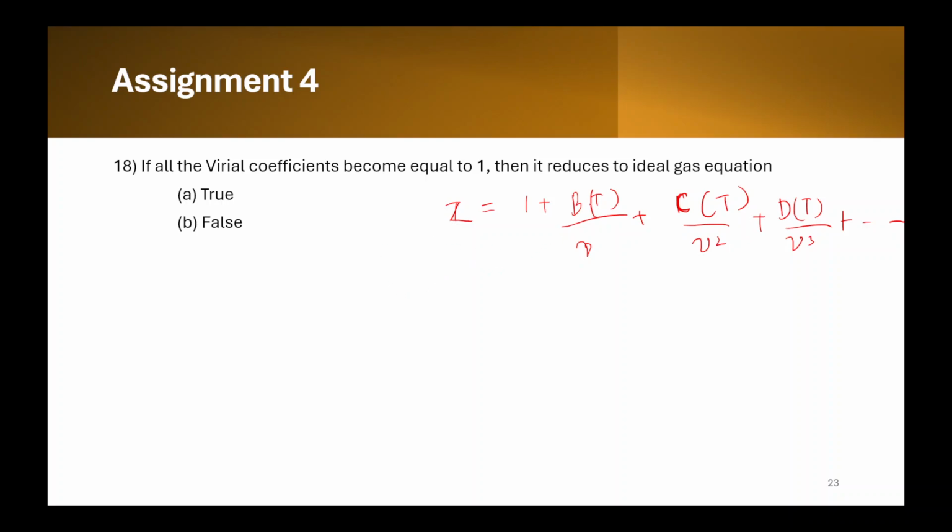No, because they need to be reduced to zero for it to become the ideal gas equation. So it will be false, because even if they become one, these molar volumes will still have some significant values, and this will not be equal to the ideal gas equation. So it is false.